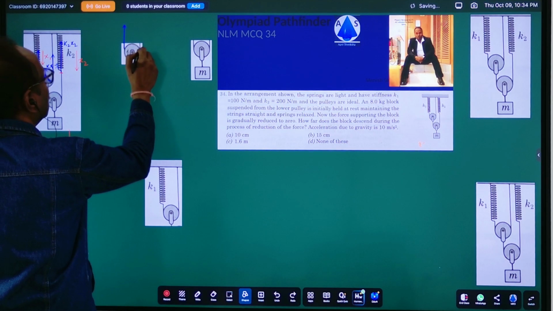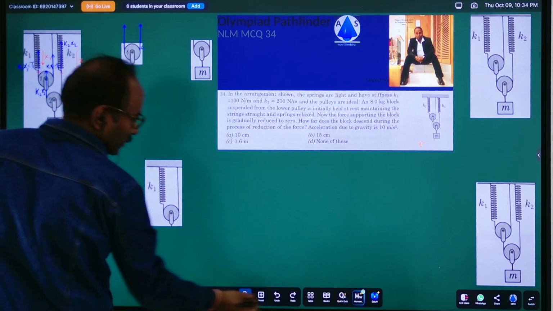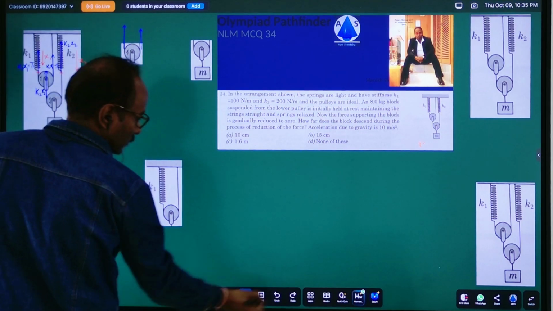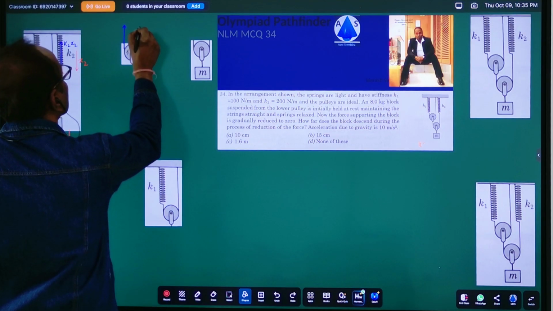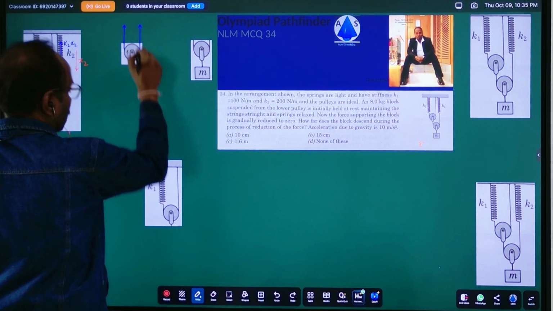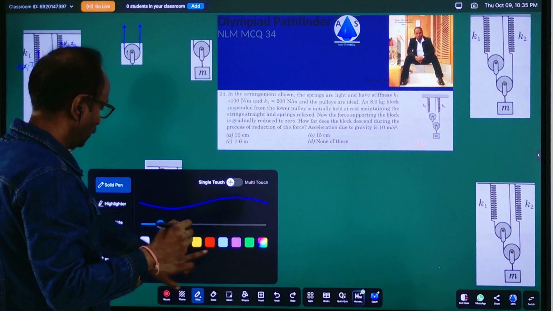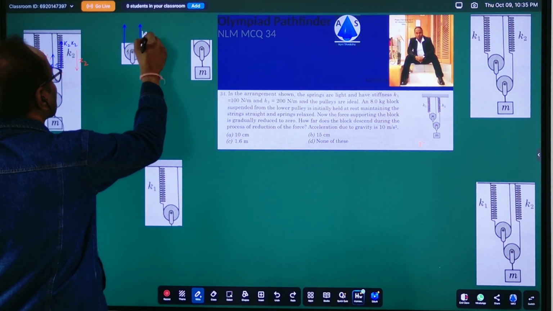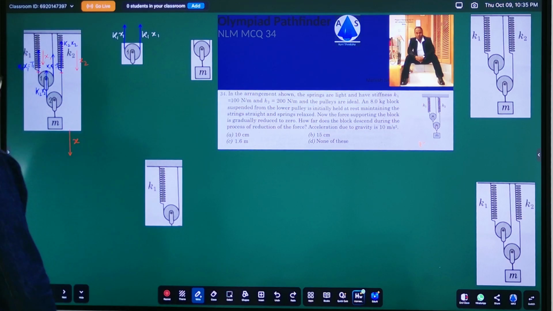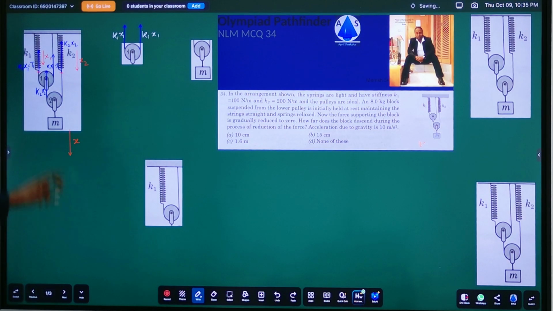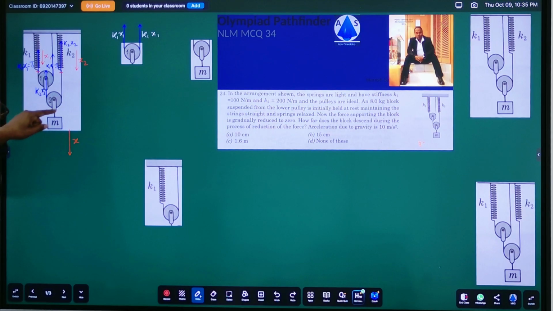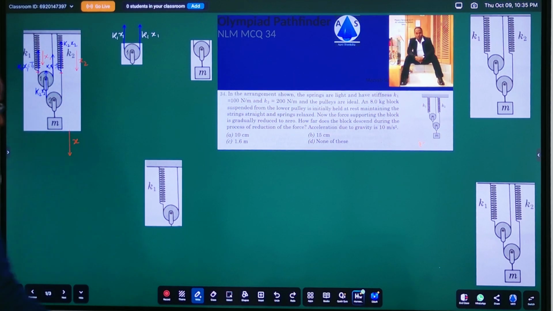Here K1 X1, here K1 X1. And what will be the force acting here? That will be the tension in the second string, that is K2 X2.